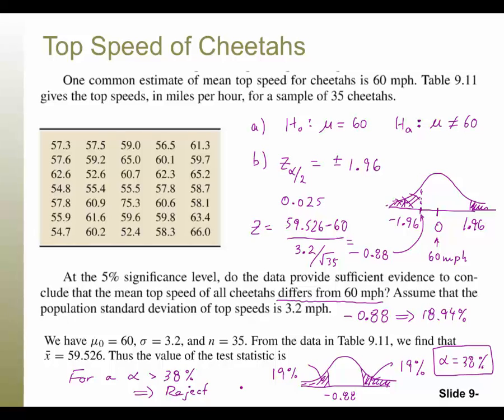Okay, so this wasn't even close, right? We weren't even getting close to the boundaries for 5%. And because of that, it's even more likely. So in order to reject this null hypothesis, we need a significance level greater than 38%, which is very, very high. Usually our significance levels, like we've seen, are 5, 1, 10%, something like that.